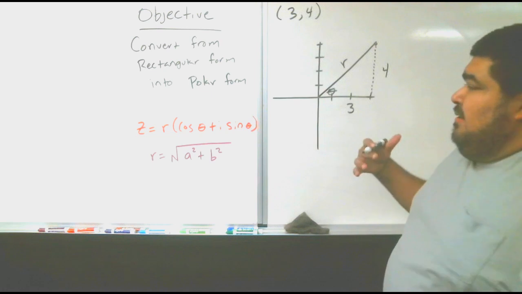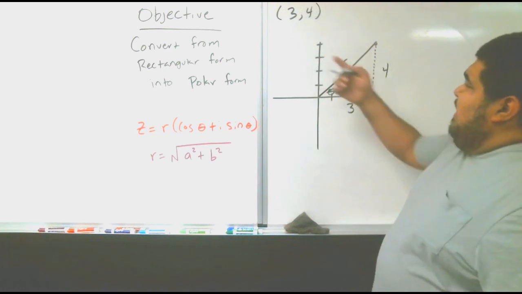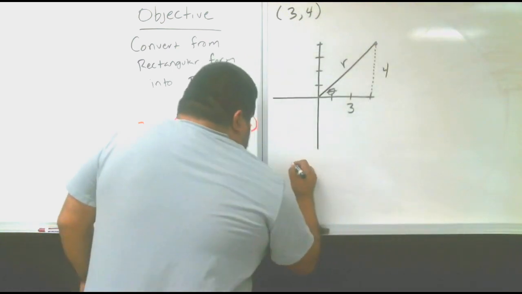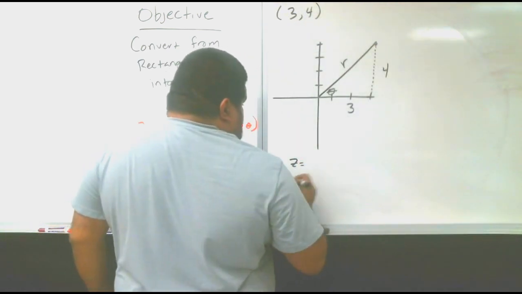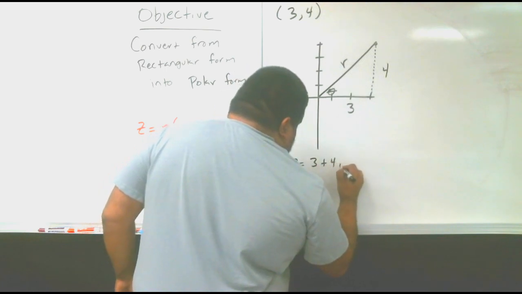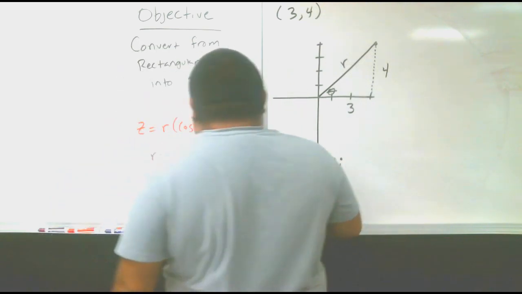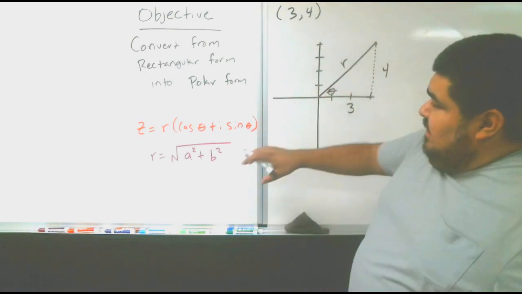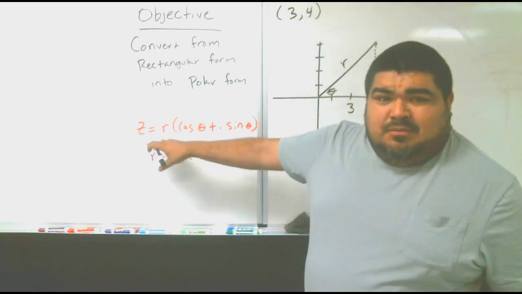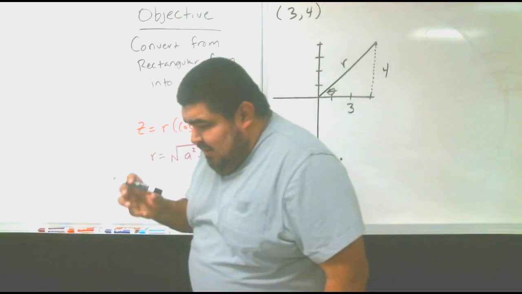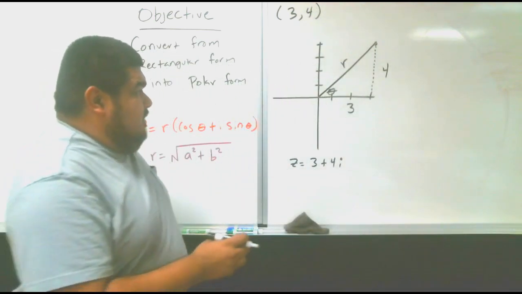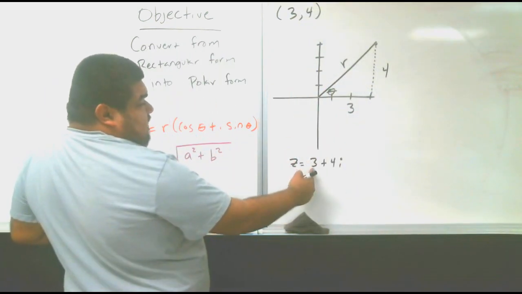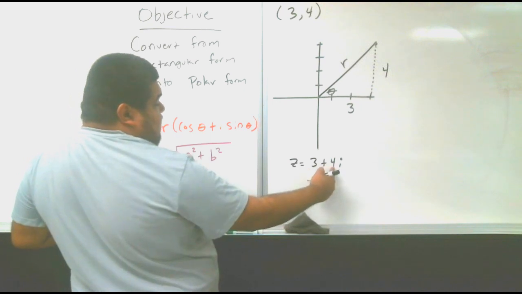To leave it in rectangular form, we pretty much have our numbers already. If you remember from the previous concept, we can say z equals 3 plus 4i. That's the very first part. We have to find the r, because the r is the outside. In order to find this r, we plug in your a and your b, where a is your real number and b is your imaginary number.